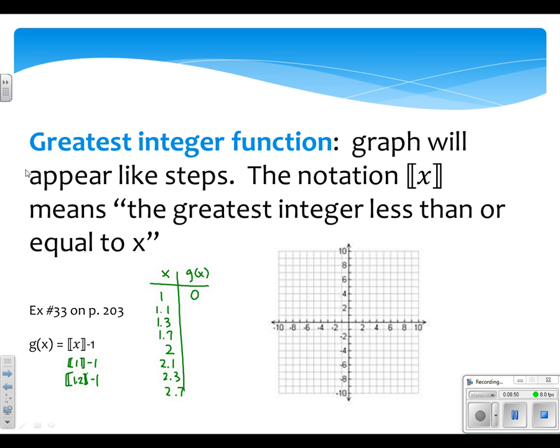The greatest integer less than or equal to 1.2 is a 1 again. I do 1 minus 1 again, and I'm going to get another 0 in my output. Then you're going to put 1.3 in. What's the greatest integer less than or equal to 1.3? 1. I have to subtract 1 in my function from that again. I'm going to get another 0. I will for 1.7 as well.